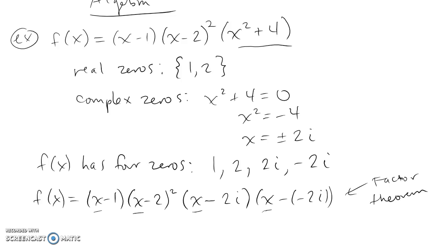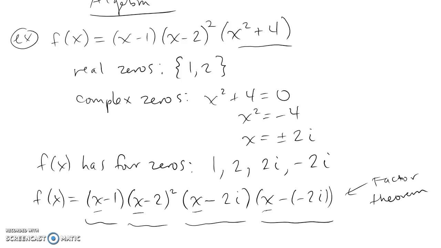If we multiply them together, we get the 5th degree. And we also notice that it's 5th degree, it has 5, not necessarily distinct, but 5 linear factors, both real and complex.